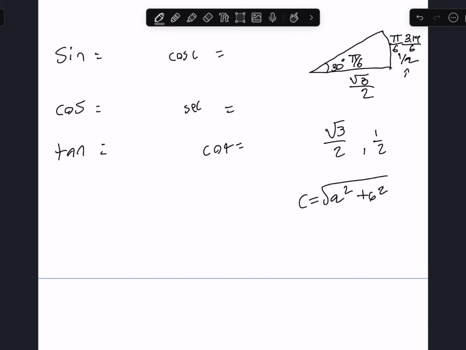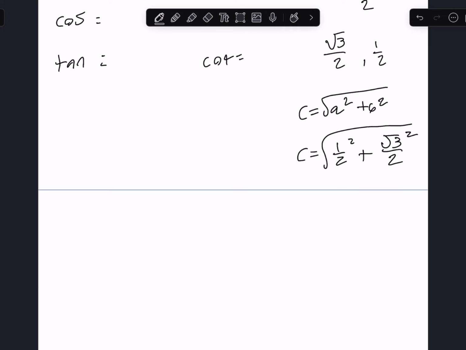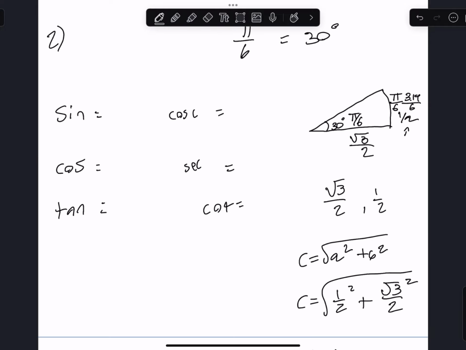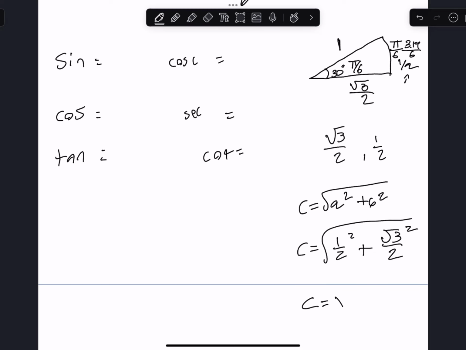So for this, it would be half squared plus radical 3 over 2 squared. If we put this into our calculators, we get 1. So our hypotenuse is 1. So our triangle is 1 for hypotenuse, radical 3 over 2 for the adjacent, and half for the opposite side.